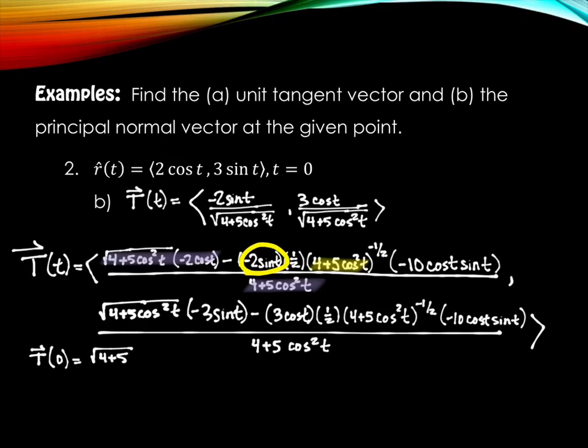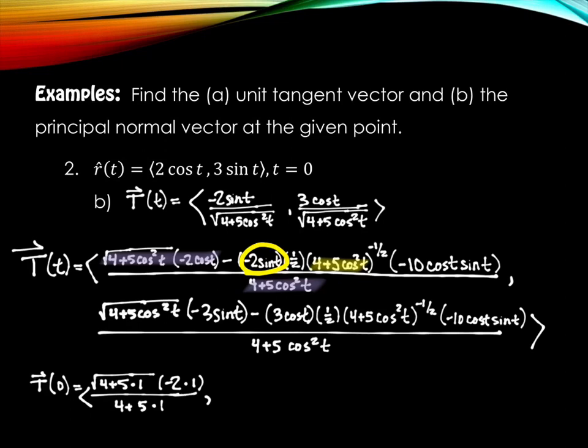And then the other piece was negative 2 times 1. The rest of it went away. The denominator is still there, though: 4 plus 5 times 1. All right, that's the first component, not simplified yet, of course.